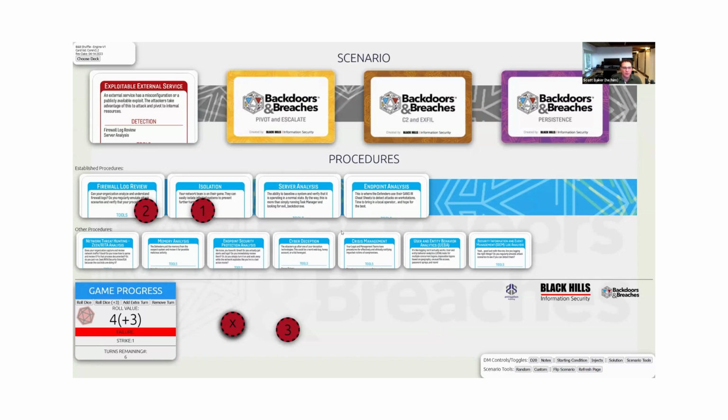Could be that maybe there wasn't anything there, or we just weren't successful in finding it. So that clears off the isolation card again, although maybe it's a bit late for that. But our server analysis for the second time didn't achieve anything new.